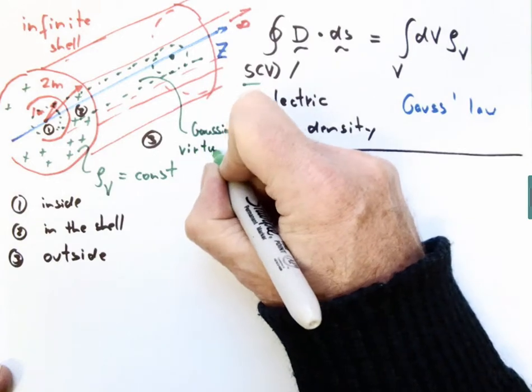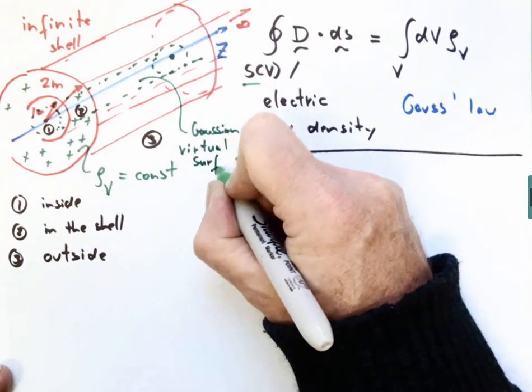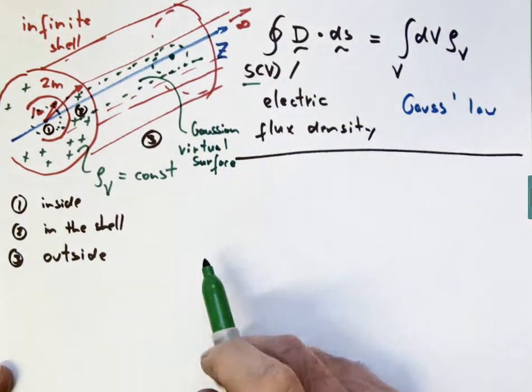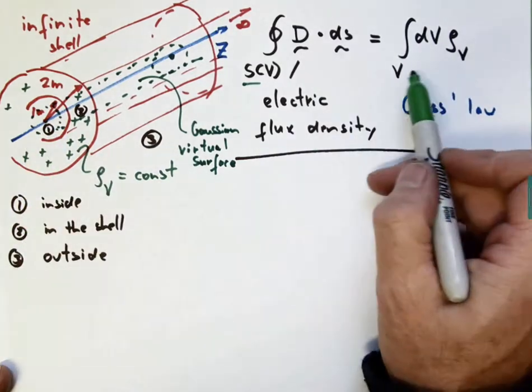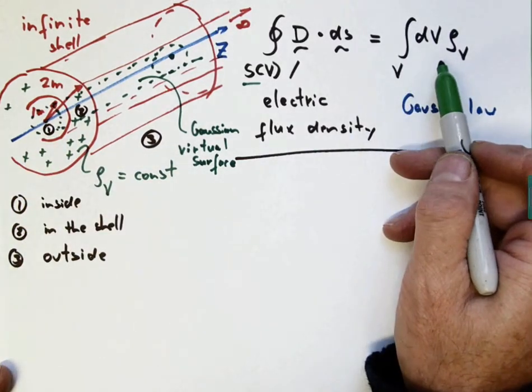And since there are no source charges inside, the right hand side will readily give us a 0.